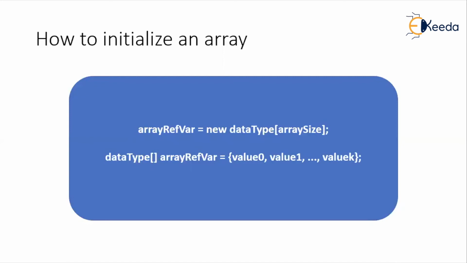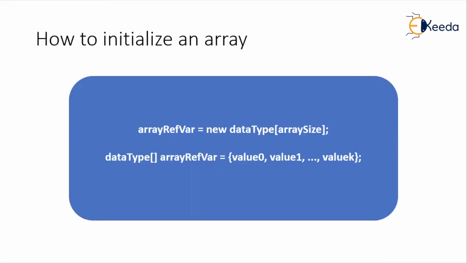Another way is specifying the values. In the first approach, we have just created the array and we have not initialized each array element. Here in the second approach, I am creating an array and also specifying the values in curly brackets.